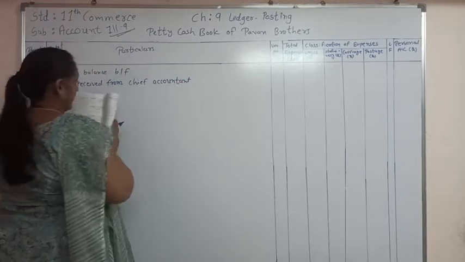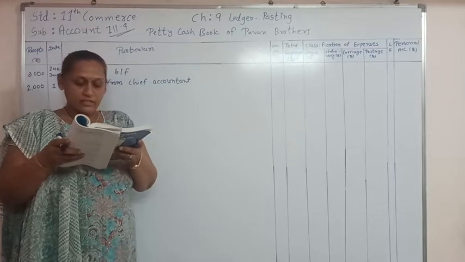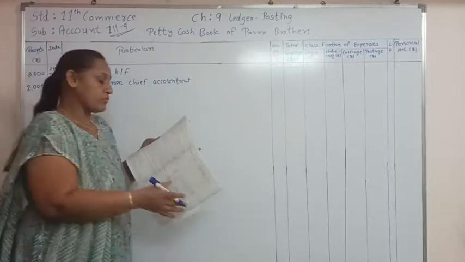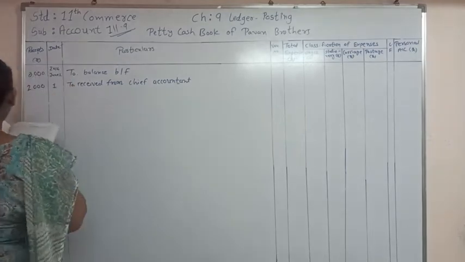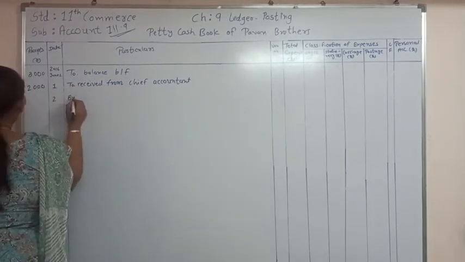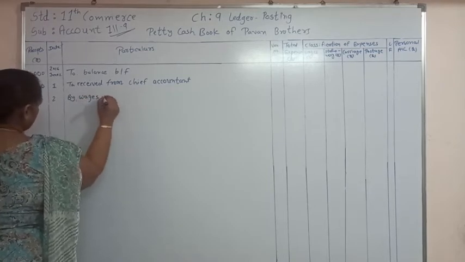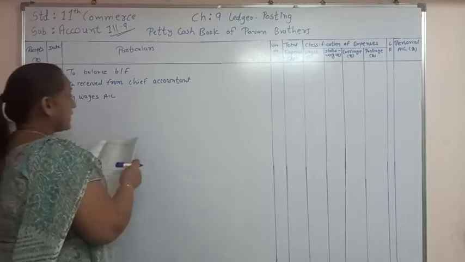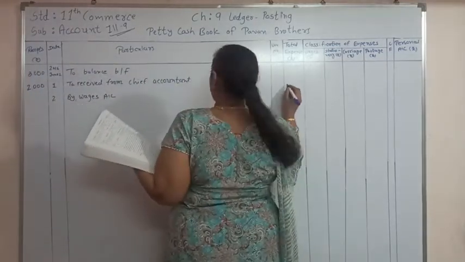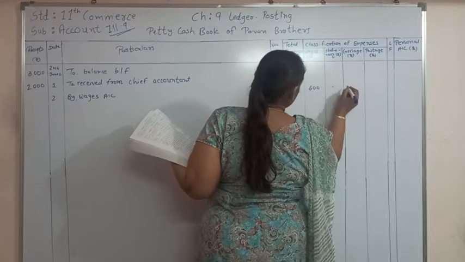Now on second date, paid wages of 600 and stationery of rupees 450. So here for second date, by wages account, here we will write the total amount 600, and in the column of wages again 600.